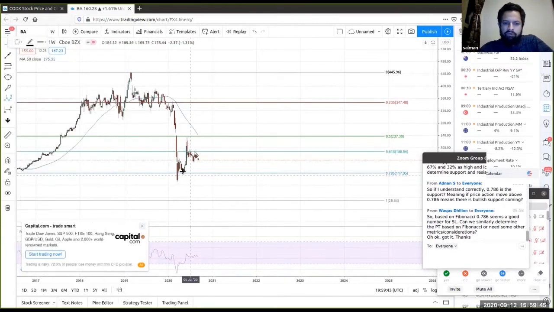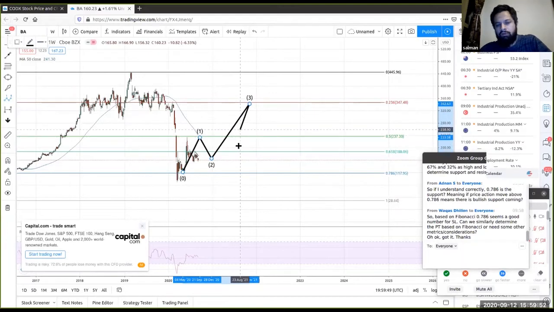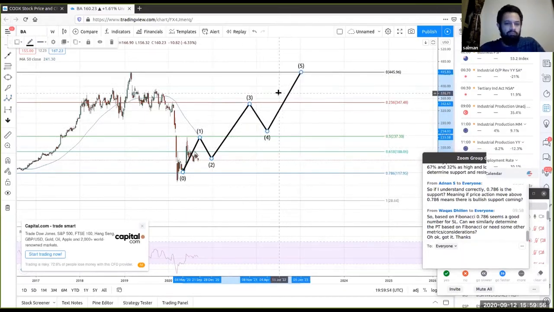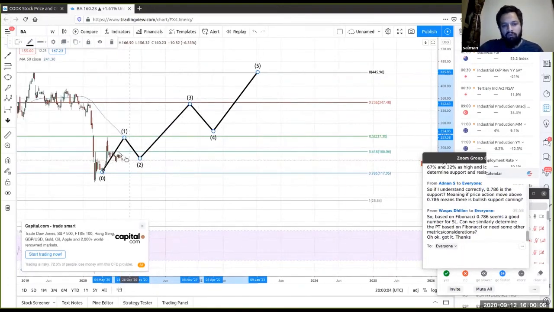So usually something like this: 1, 2, and 3. So we are waiting for the third one. This is more 5, but it doesn't matter. We are almost on the second wave. There is still something messy going on at the moment, but I think the second wave is almost finished and we are waiting for the third wave to start. So yes, this is what BA is.